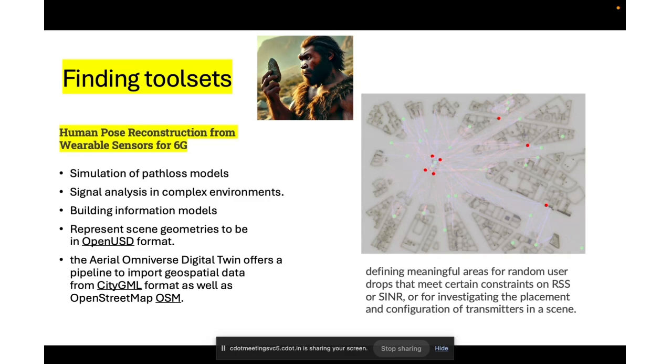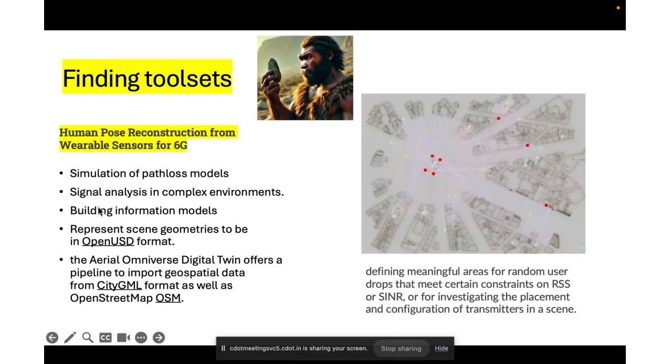Now, this requires a set of characteristics. First is a simulation of path loss models, signal analysis in complex environments, building information models, not building as a verb, but building as in a noun.